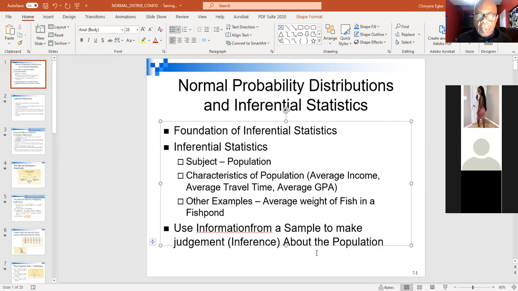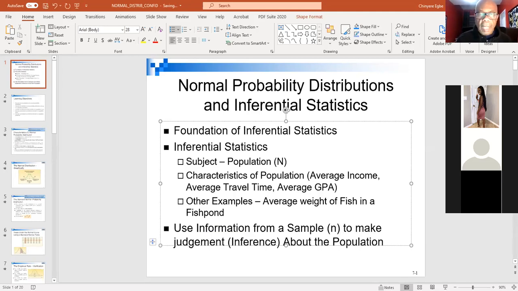Okay. So this is our objective, to use information from a sample. And so the population here we characterize as large N, and the sample will have a size small n.